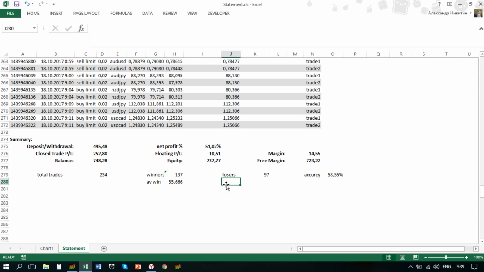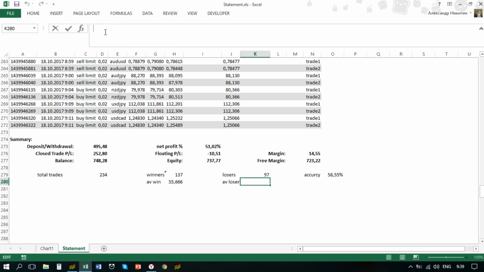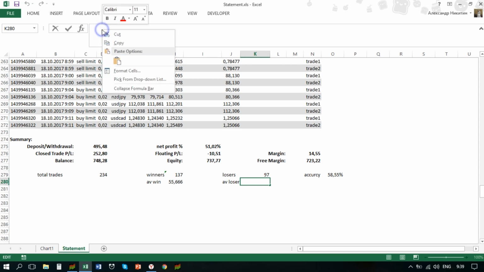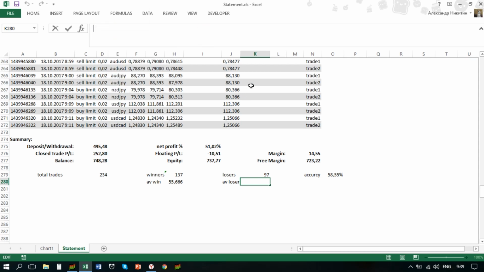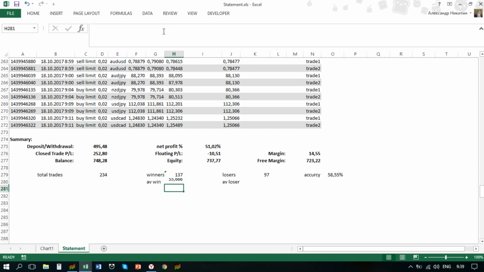Average loser. It looks this way. Let me paste the formula here. Oh no, I didn't paste that. Let me go back. Let me copy. Okay, done. Let me go here and let me paste, Control V, and this time I'm interested in less than 0.